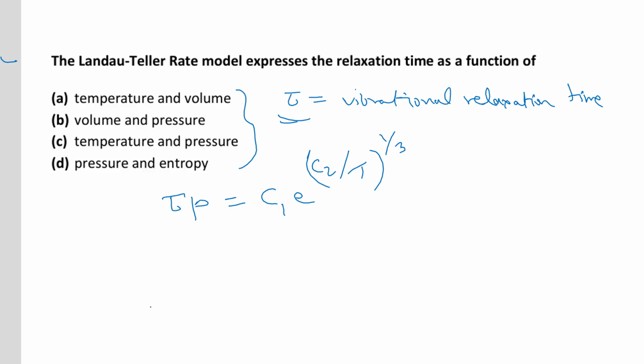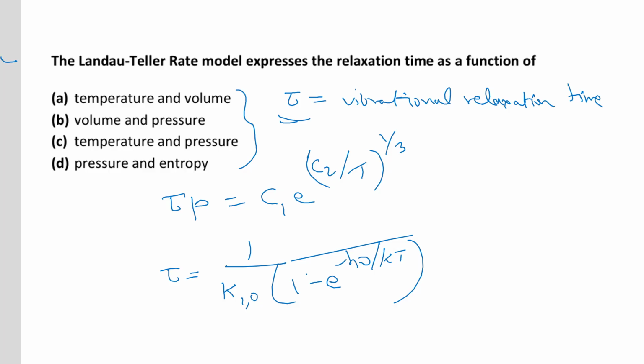And if you see the formula for tau also, tau was nothing but 1 by k10 times 1 minus e to the power minus h nu upon kT. And you can see that this term is directly related to the temperature, and this k10 depends on what?